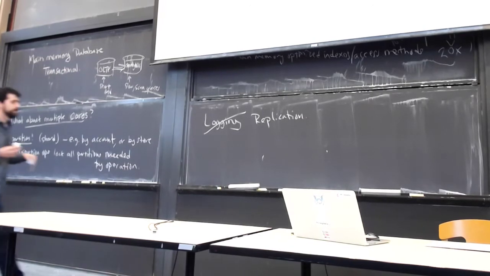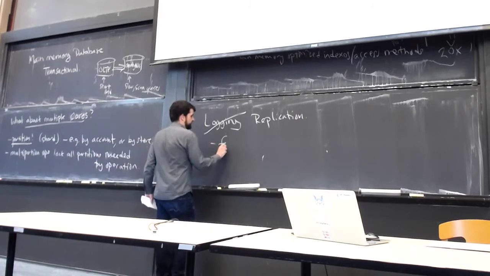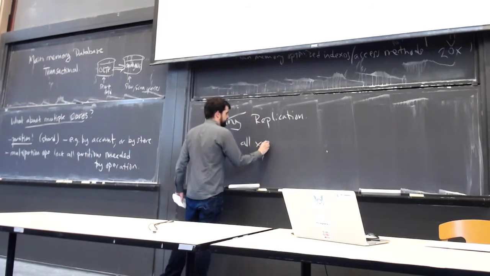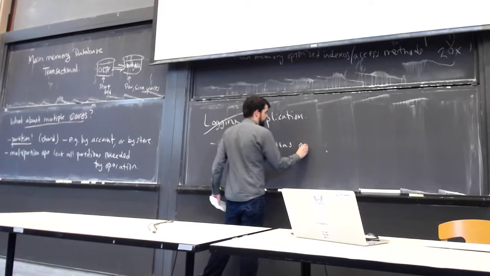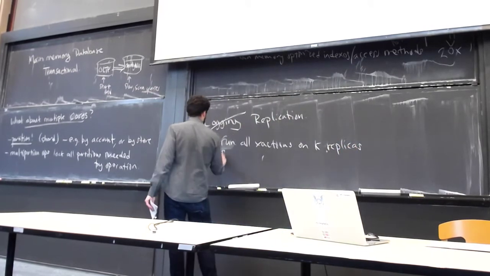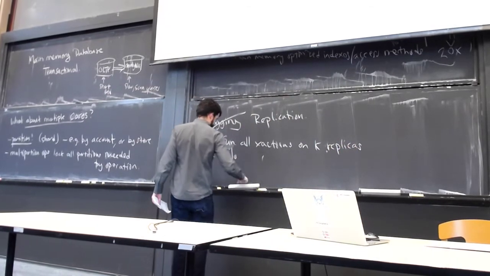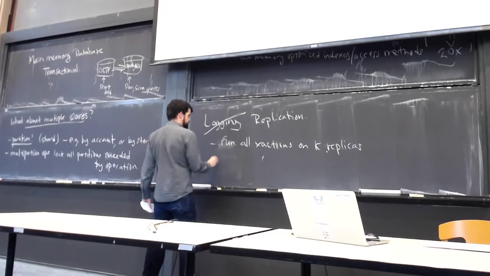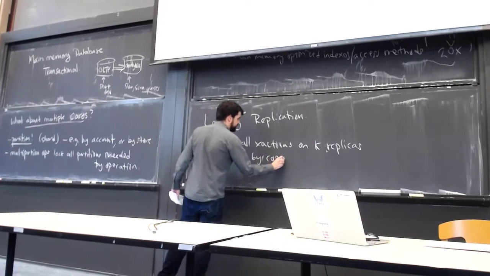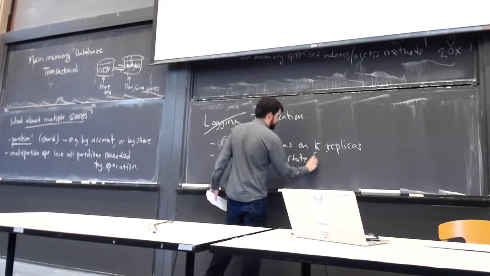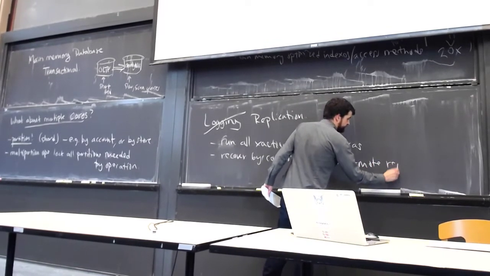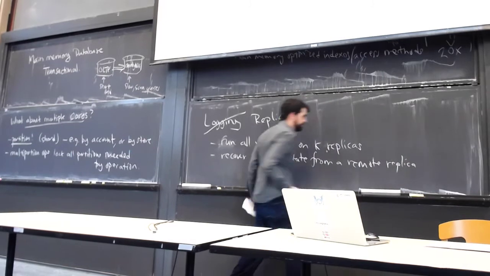So that was the proposal, which is that you run all transactions on K replicas, and then you recover by copying the state from some remote replica.